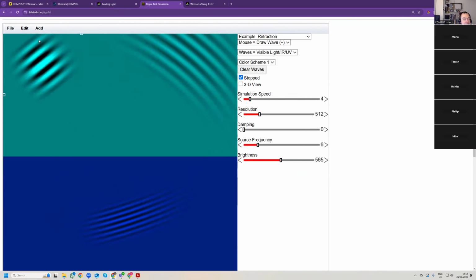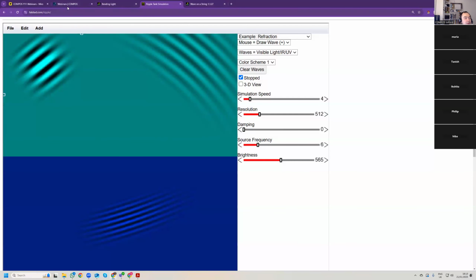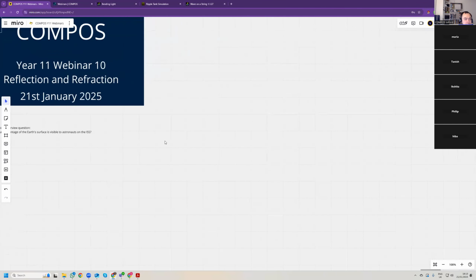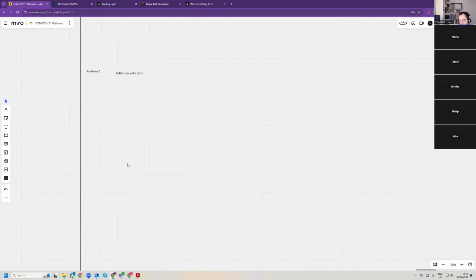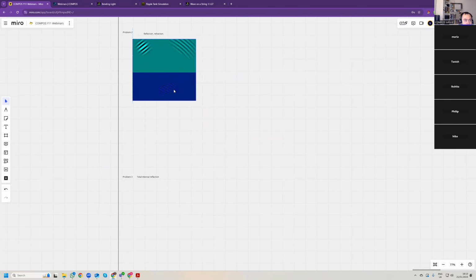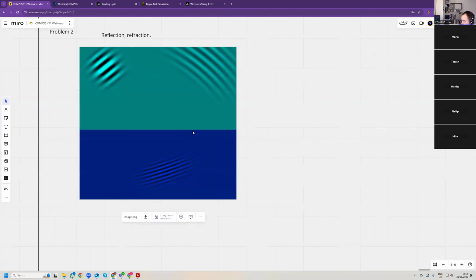This is the picture that I wanted to get. Okay, so you can see that the light, or the wave, travels like this.